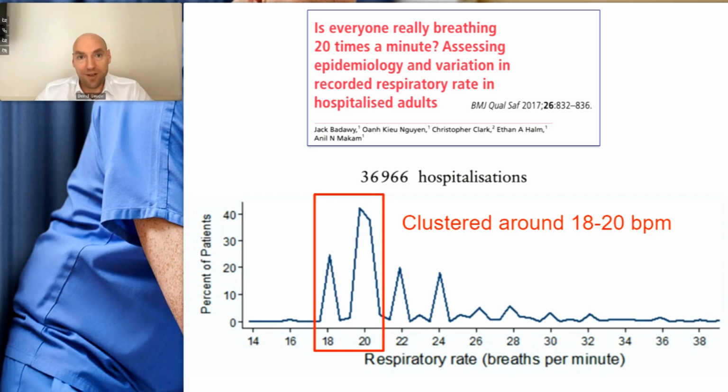But in clinical practice, you usually observe the patient for a couple of seconds and then multiply that count to result in a respiratory rate per minute, and that results in documented respiratory rates that are usually multiples of 2. And this is not the only study showing this.